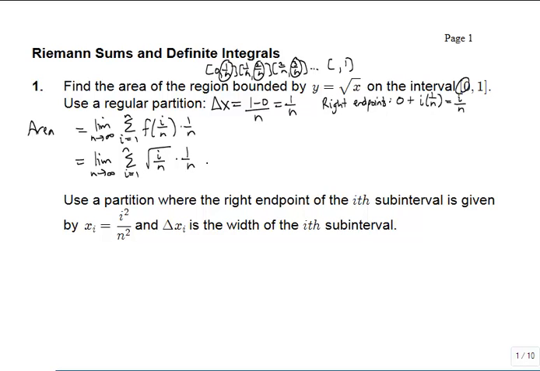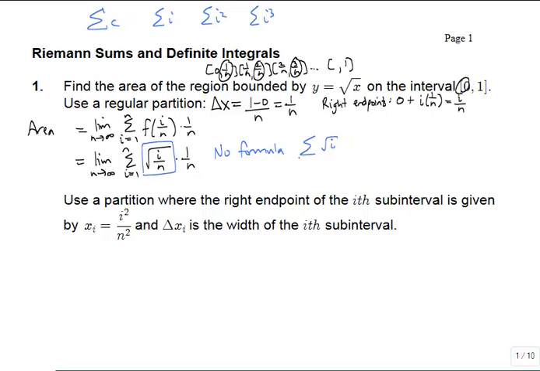Now if you remember from our previous lecture, what we tried to do at this point was simplify this so that it would become one of those formulas that we know. We have some summation formulas for the sum of a constant, the sum of i, the sum of our squares, i squared, and the sum of our cubes, i cubed. And unfortunately, this is going to have a square root of i in it, and I do not have a formula for what the sum of the square root of i is going to be.